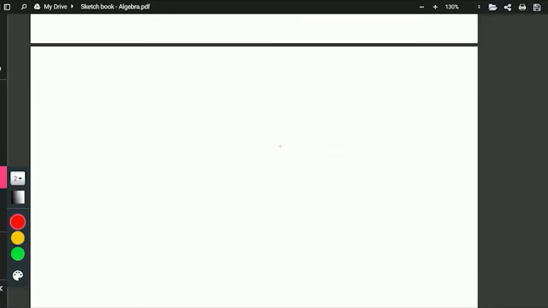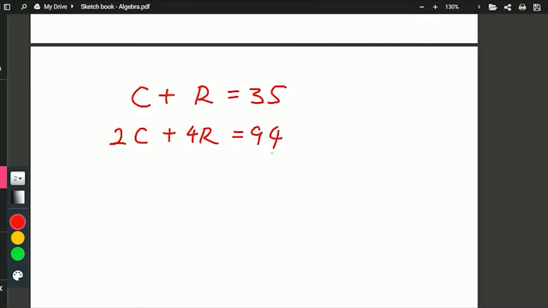So I have set up the relationship. The number of chickens plus the number of rabbits is 35. And the number of chicken legs plus the number of rabbit legs is 94. From here, I can actually find out what C and R are.